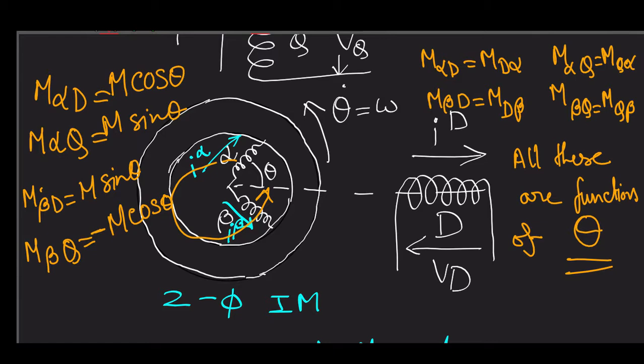These are very clear from their position. You can figure it out by yourself how these values are coming.